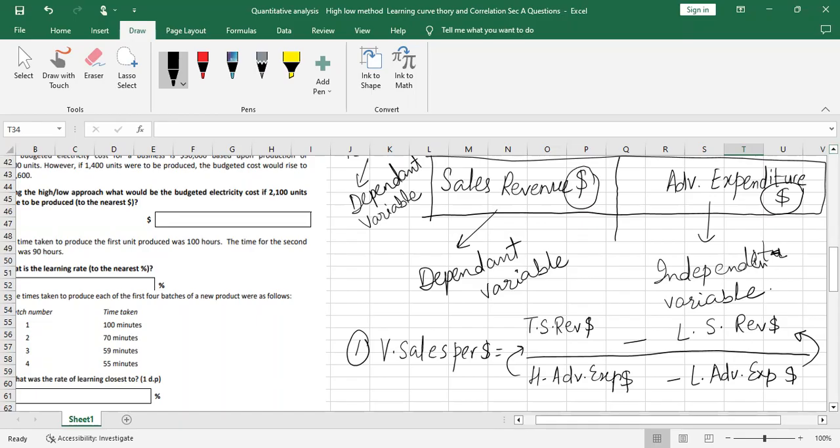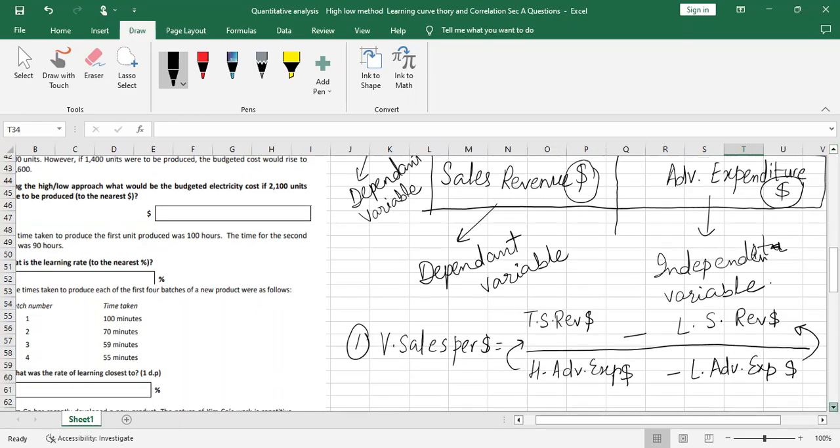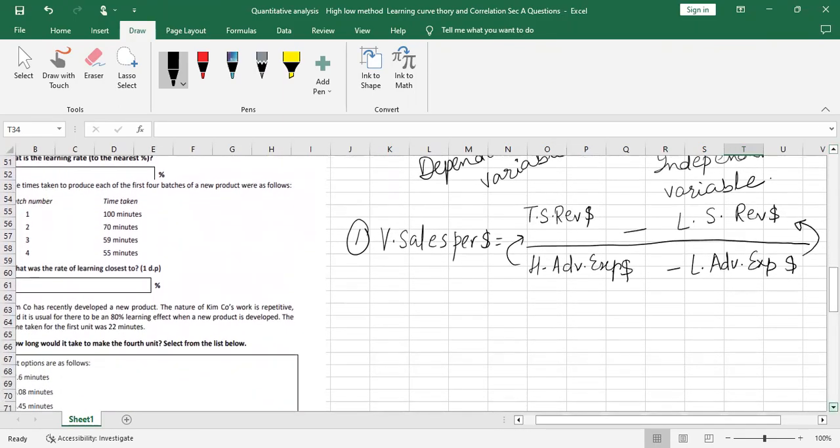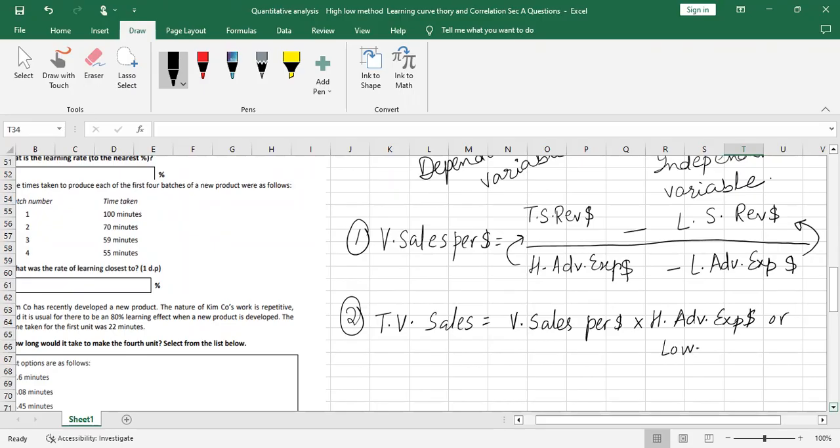When your step number one has changed, you should understand what to do in step number two. Step number two conceptually remains the same. So rather than total variable overheads, this time you will calculate total variable sales, which is equal to variable sales per dollar into highest advertisement expenditure or lowest advertisement expenditure.